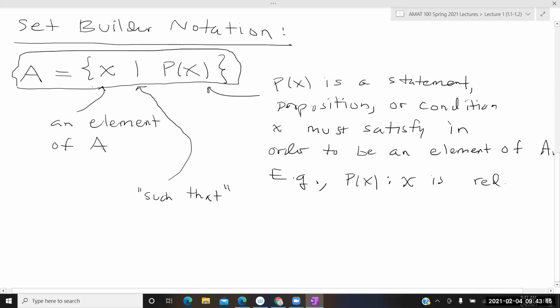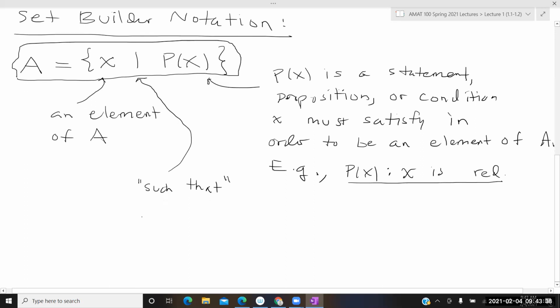Or for example, A is the set of all X such that X is red. So this is just a concise way of describing a set. Instead of using all this natural language, we just formalize it into mathematical language.